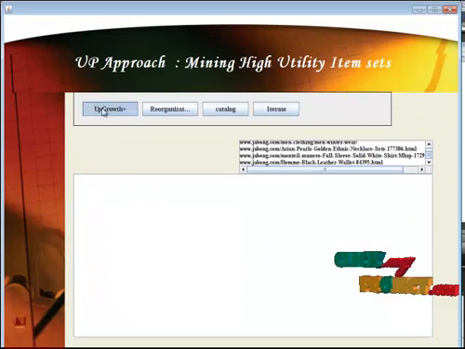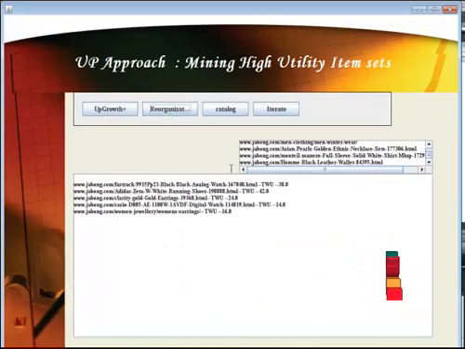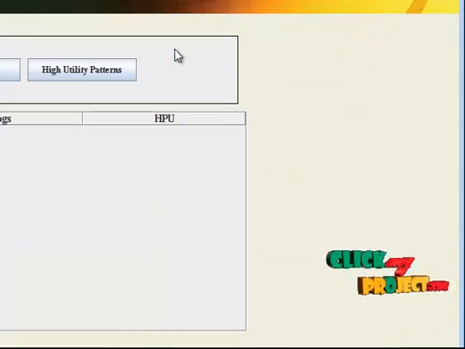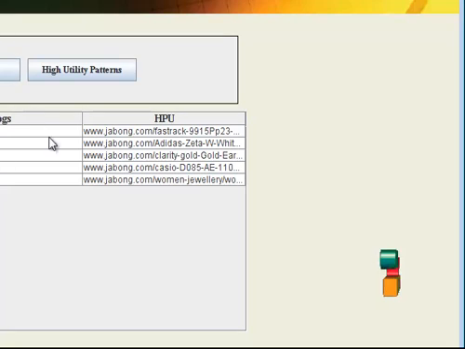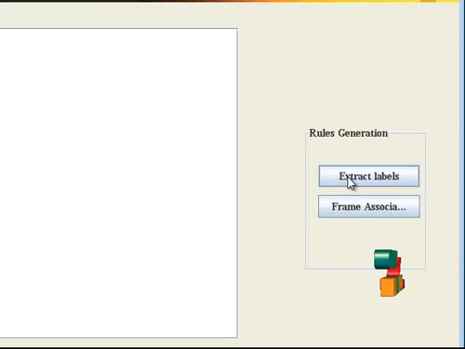Then the UP-Growth+ algorithm is evaluated again, reorganization is done, and catalogs are finally estimated. So this process is iterated, and the final result is that these 5 items are said to be UP patterns, high utility patterns. This is the part which is apart from the paper.